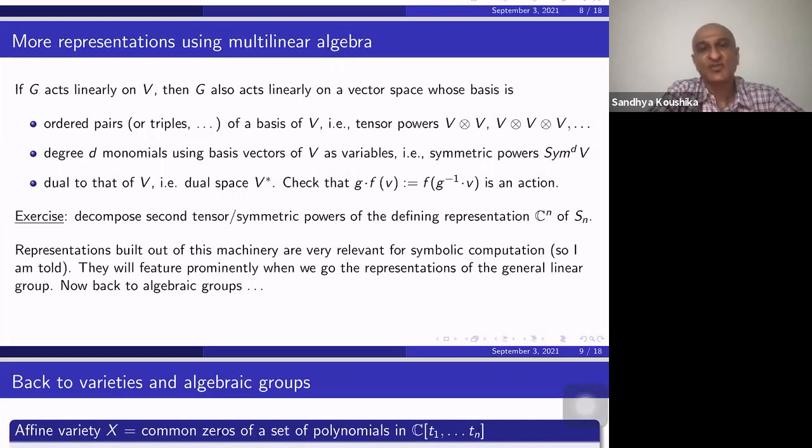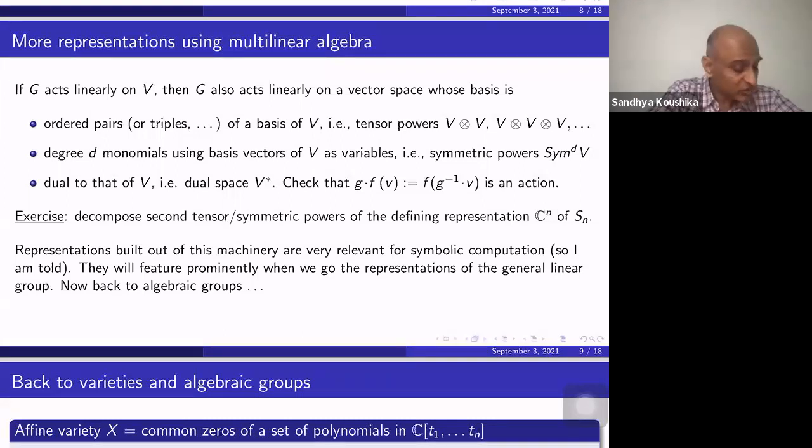So take the space of homogeneous polynomials of a fixed degree in variables that are basis vectors of the given space. And you can see that by acting linearly on each one of the variables, I may get a linear combination if I act on a basis vector, but I can simply expand the parentheses. Okay. So I will get an action. So this is what we call formally the symmetric power of the vector space.